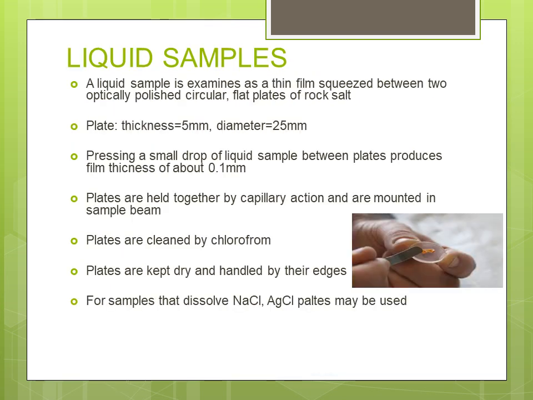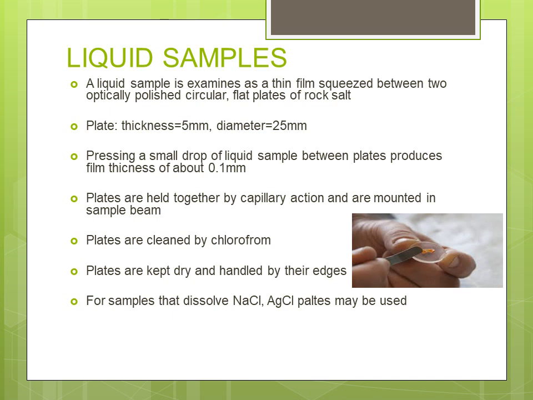Then how are liquid samples introduced? A liquid sample is examined as a thin film squeezed between two optically polished circular flat plates of rock salt. These plates are made up of sodium chloride, and can be seen in the figure.